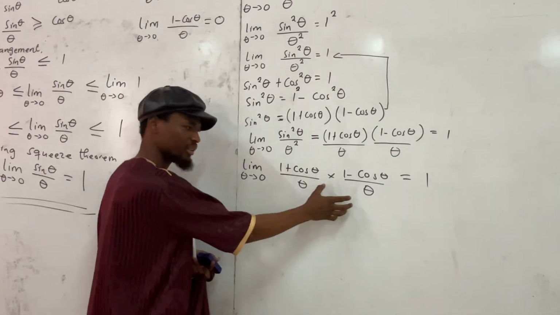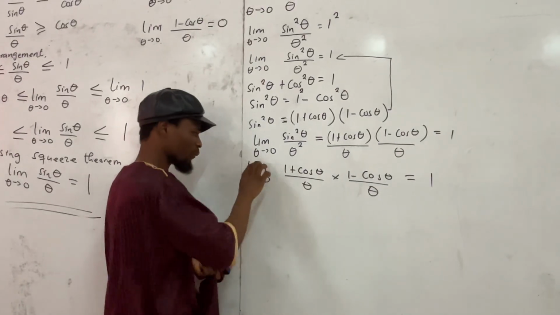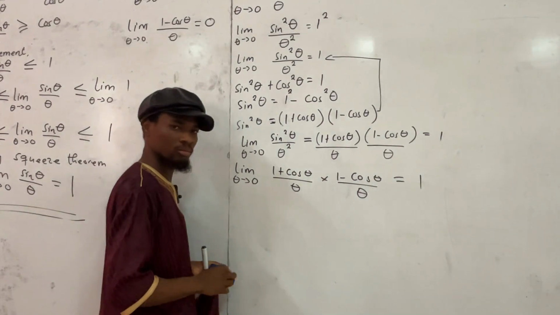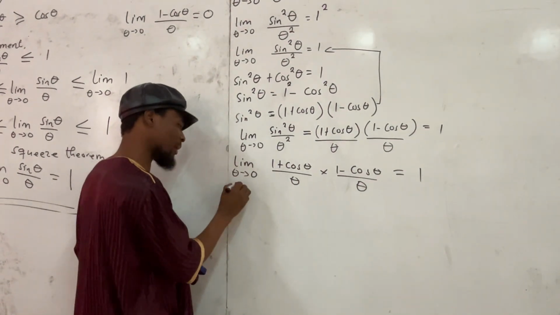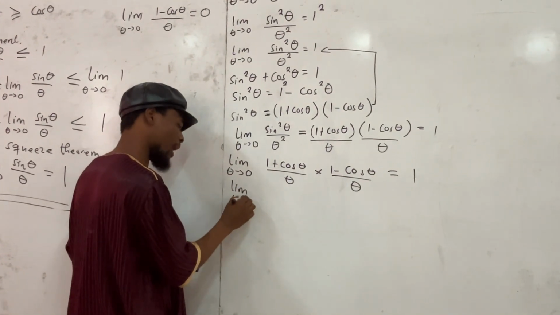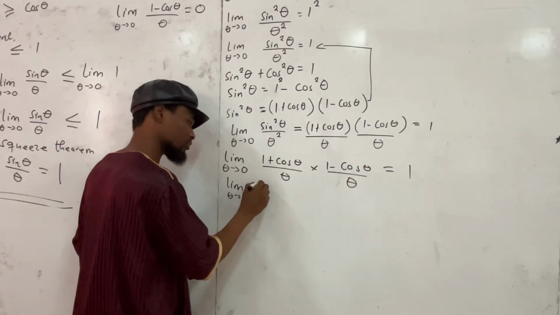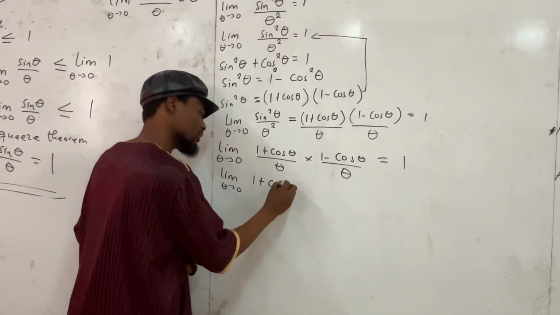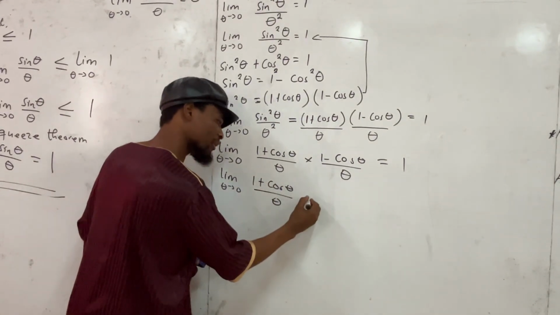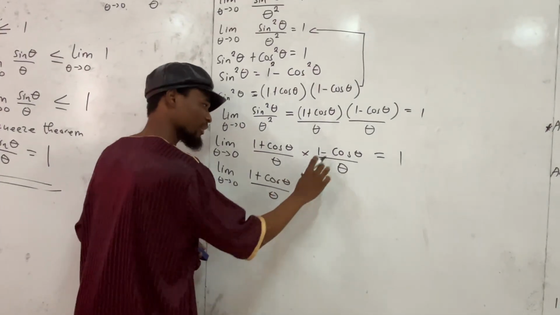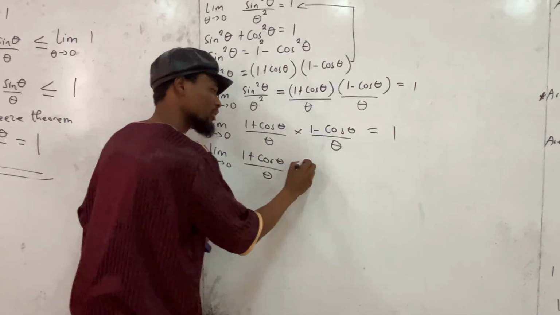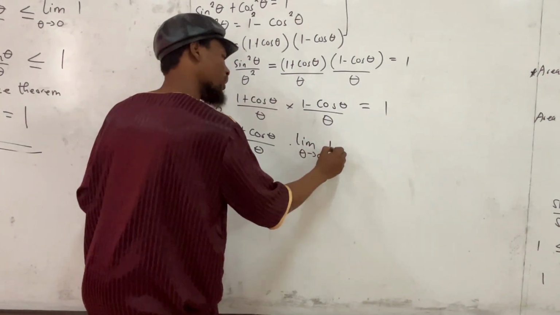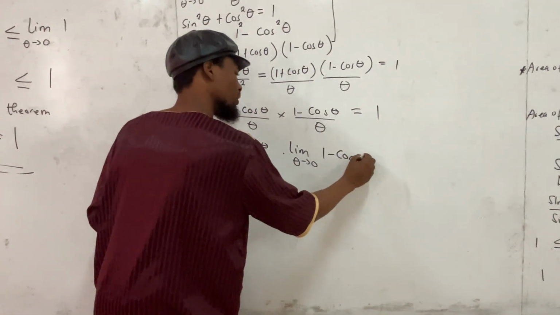Whenever you have things of this nature, the limit will affect this and also affect that. So this is the same as the limit as theta approaches 0 of 1 plus cos theta over theta, times the limit as theta approaches 0 of 1 minus cos theta over theta, equals 1.